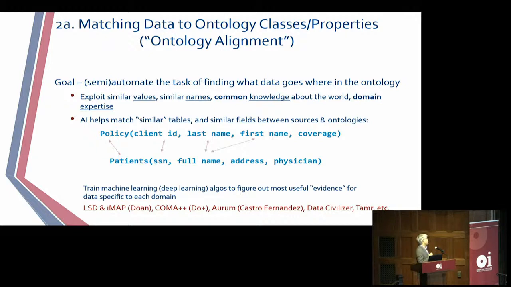They will do things like look at the columns and see if there are overlapping and similar values. Look at the labels on the columns and see if they're similar. Maybe they're synonyms, maybe they have common substrings like last name to full name, okay? Perhaps we can codify through data dictionaries or other things some kind of common knowledge about the world.